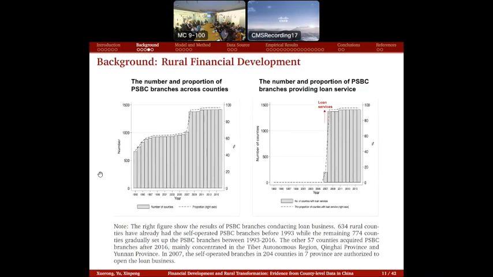This graph shows the counties that own a PSBC branch on the left side, giving the same pattern of market penetration of the financial reform. On the right side, you can see when each county starts to provide the loan service since 2007. We use these 2 variables to construct a continuous variable to measure financial development later.